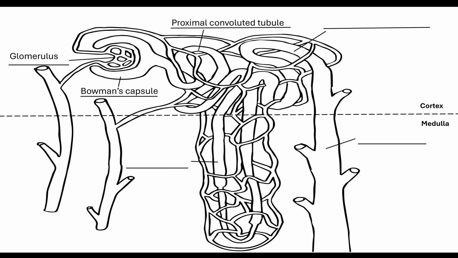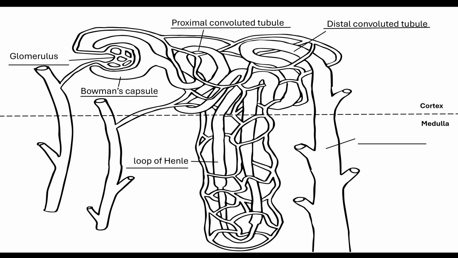Now you will hear this referred to as the PCT. Make sure in the exam that you have at least written it once as the proximal convoluted tubule before you start abbreviating. We then go down through the loop of Henle. It's got a descending limb and an ascending limb, and then we lead on to our distal convoluted tubule.